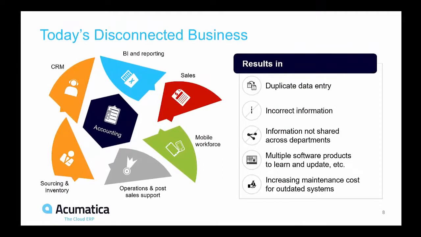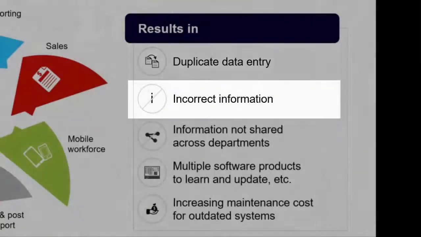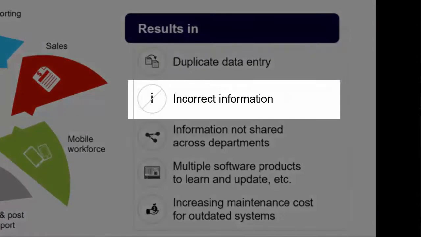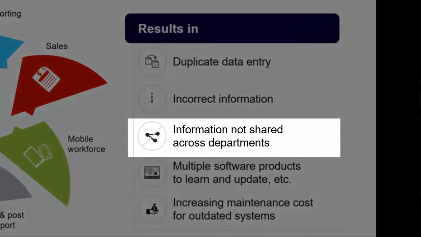What kinds of things does this disconnected model cause? Well, first of all, it's duplicate data entry. And we all know that is very inefficient when you've got to enter it in one system and then have to go to another system. There's chances for incorrect information. With many disconnected systems, if you can't verify the customer number, now you enter that information, it doesn't sync up, you've got to fix it. So again, wasted time. The information across all departments is not shared.